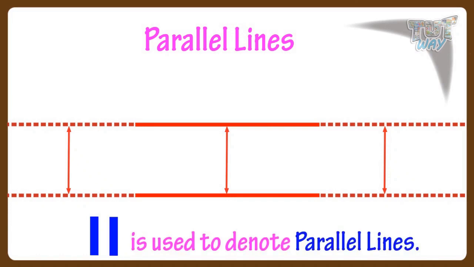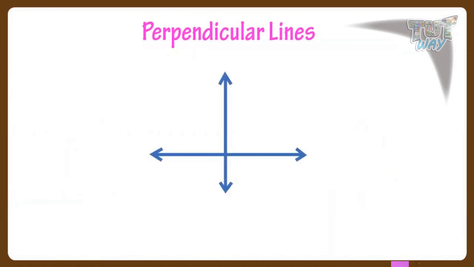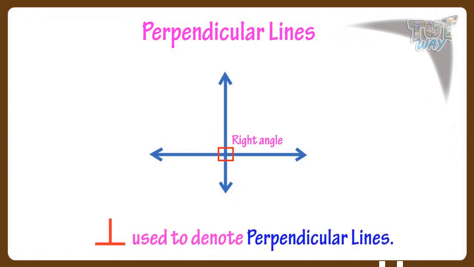This symbol is used to denote parallel lines. We also learned that these are perpendicular lines. That is, lines that form right angles between each other are called perpendicular lines. This is a symbol used to denote perpendicular lines. So kids, today we learned a lot about lines.